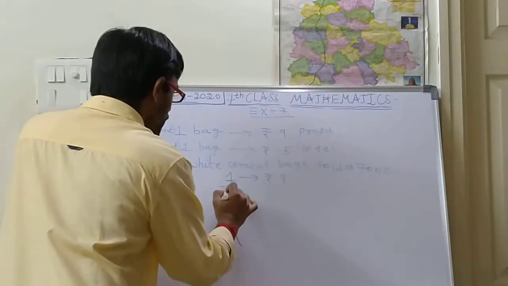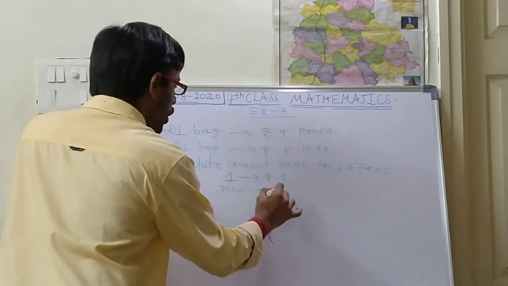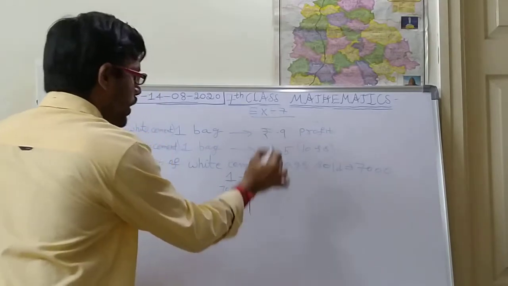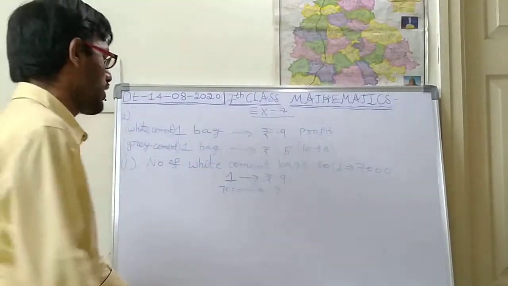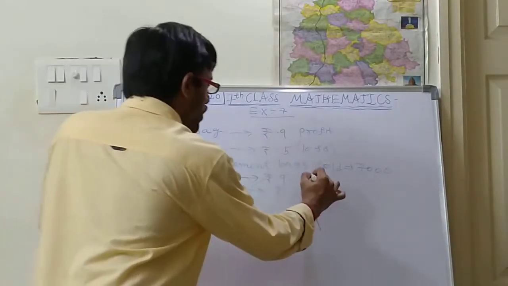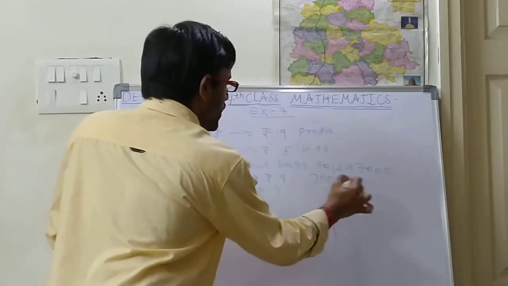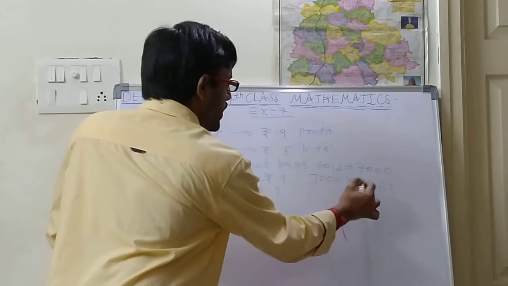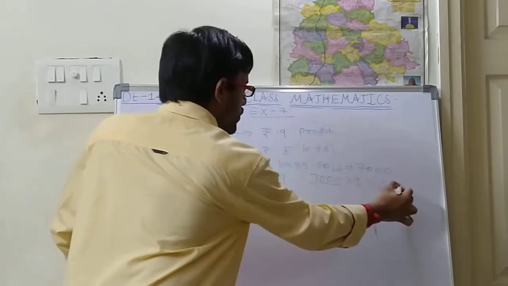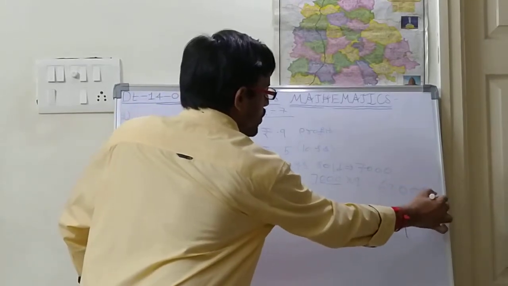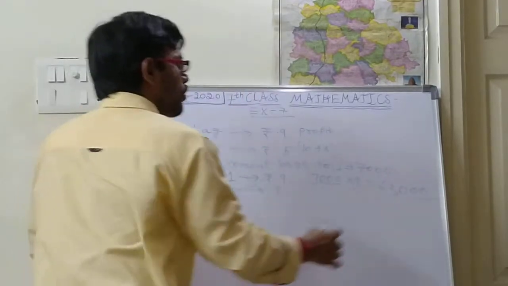Now for 7,000 bags, how many rupees? That means unitary method and cross multiplication. So 7,000 into 9. What is 7,000 into 9? 7 nines 63. How many zeros? 3 zeros. So 63,000 rupees.